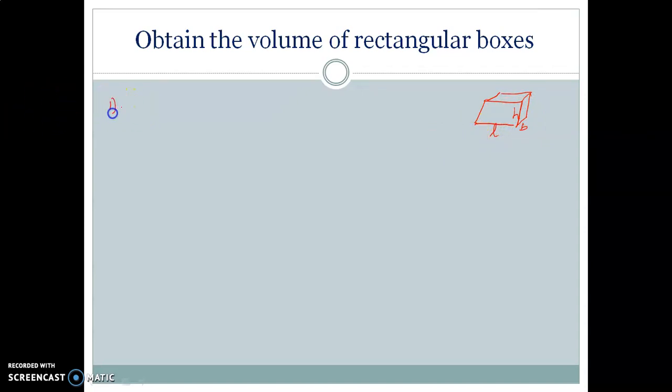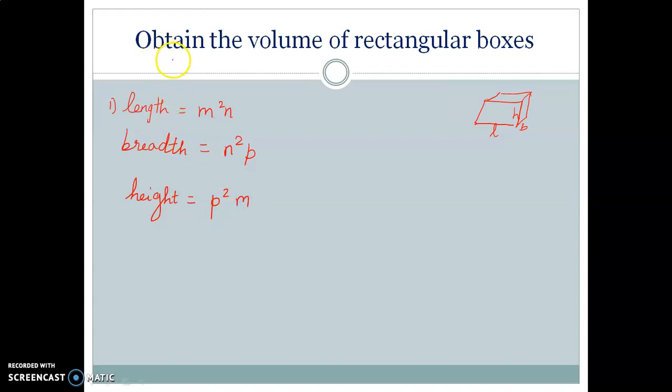So the first question, they have given length is equal to m squared n, then breadth is equal to n squared p, then height is equal to p squared m.